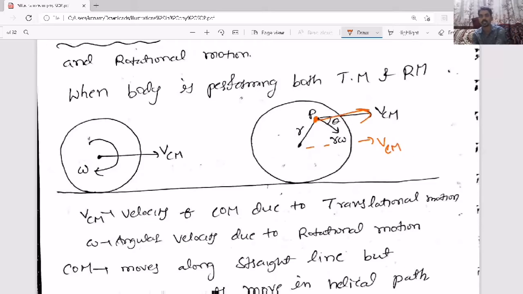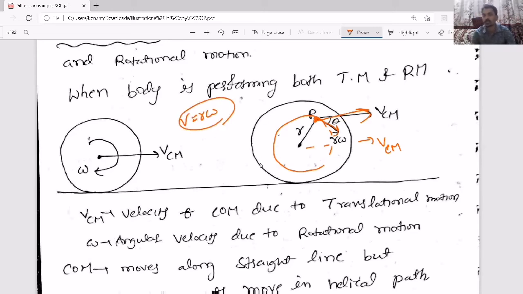Whatever velocity is there for the center of mass, the same velocity will be there for the particle. Also, there is one velocity along the tangent in which it rotates in a circular path. If you take the tangent at that point, there is a linear velocity due to rotational motion, where v equals r omega.